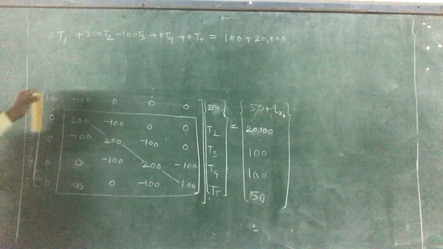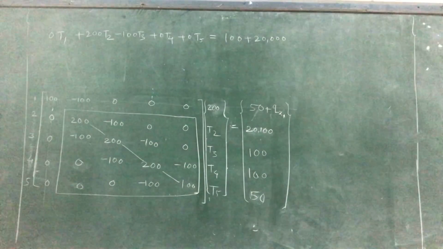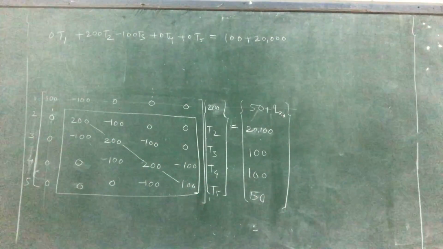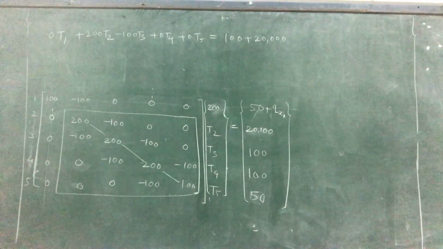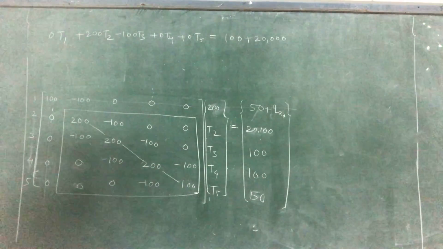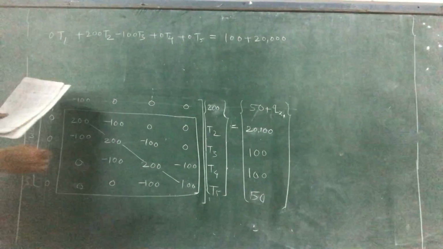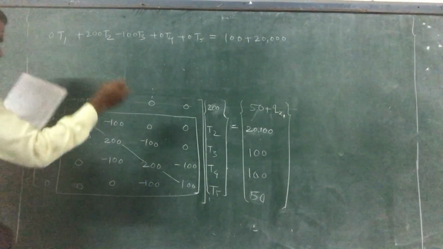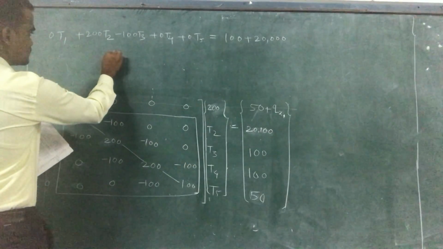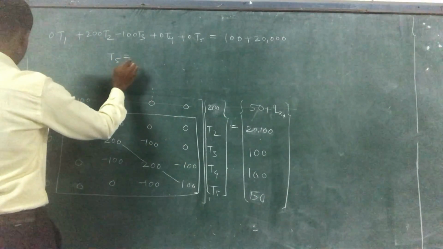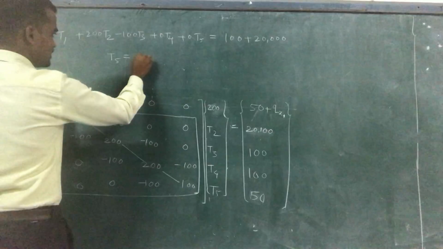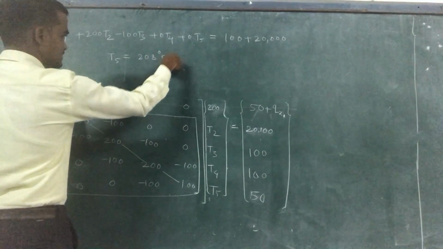So after solving, you will get the temperature values as follows. First you will get T5, equal to 208 degrees Celsius.